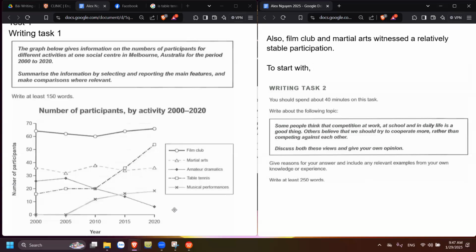Because look at the essay title. What does it ask you? You have to summarize the information by selecting and reporting the main features only, and make comparisons where relevant. So only relevant things, and you have to compare them. But you also need to mention the changes through time. Okay, which one would you like to start with?